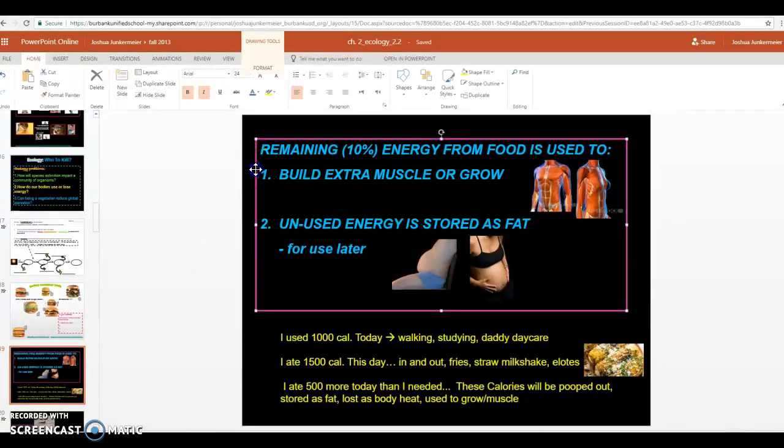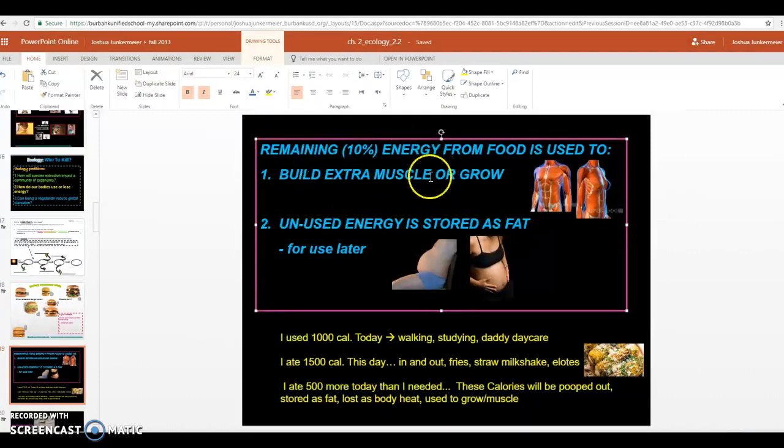Again, at slide 19, copy down and write in your notebook slide 19. And it says, with that 10% that you receive, even though you only get 10% of that energy transferred to you, it still goes to good use. We still stay alive. We still get enough energy to do these things. We can build our muscle cells up. If you're young, you may still be building extra muscle.